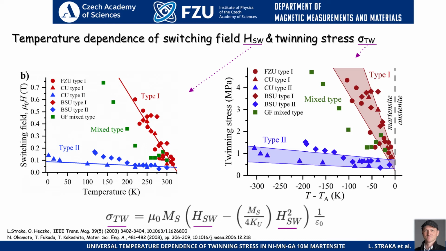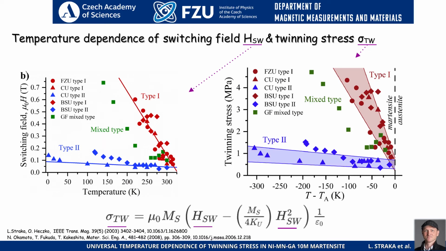And what is important here is that you see it's differently produced crystals, different producers, and across all these variables the dependencies have some scatter, which is understandable, but in principle they are the same or very similar for type 1 twins.